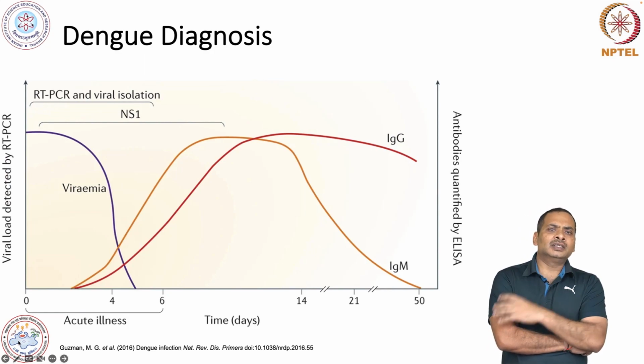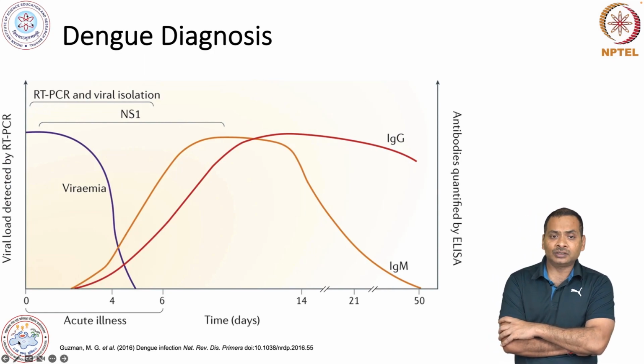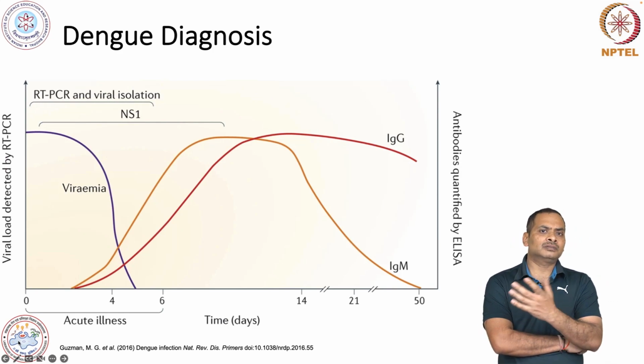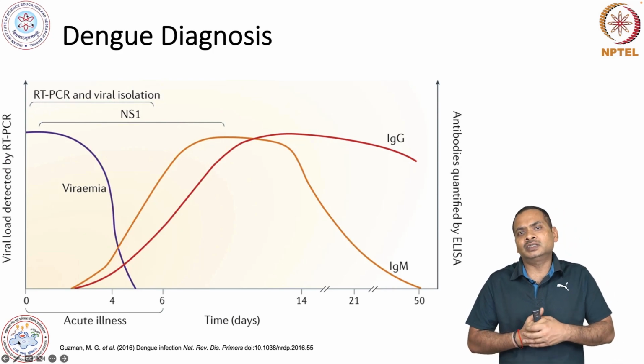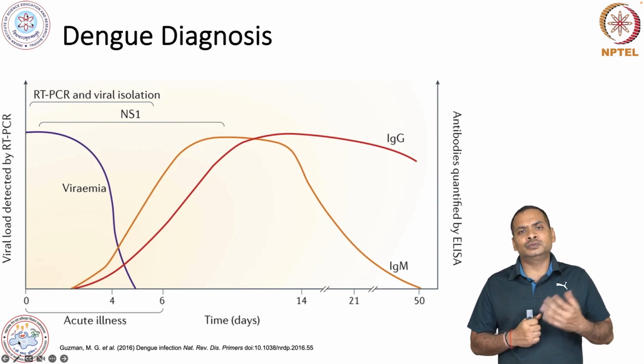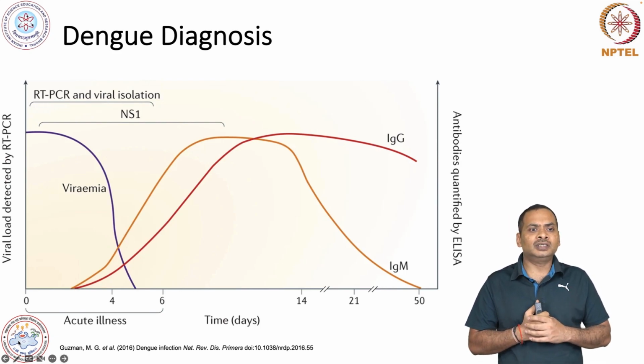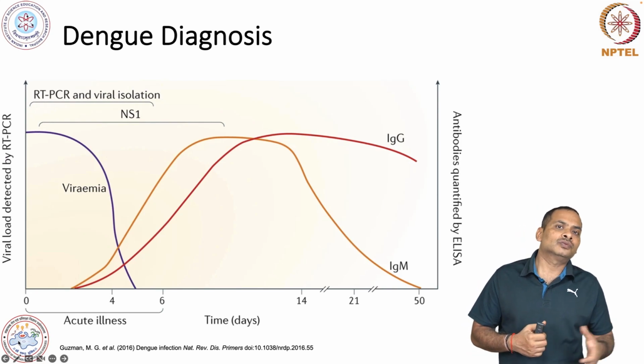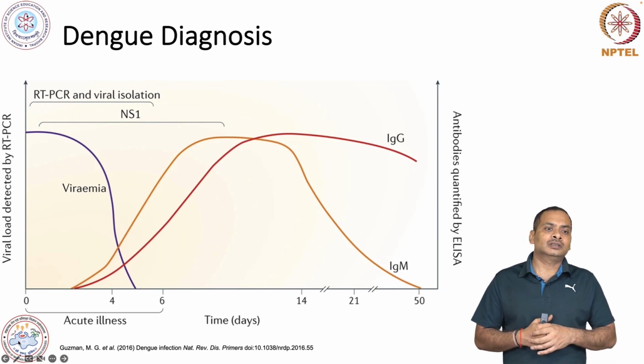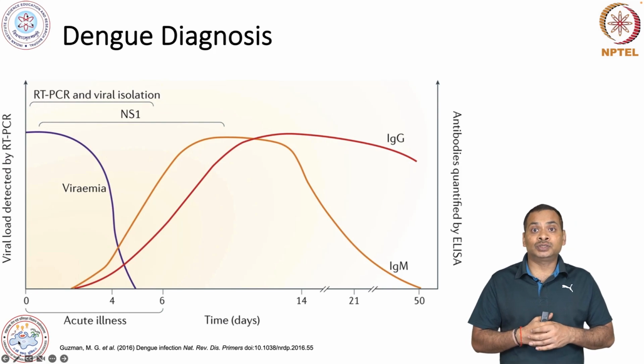Here is dengue diagnosis. Of course, one can easily detect this virus at the initial phase by simple RT-PCR for a viral gene. Generally, people use the NS1 gene.